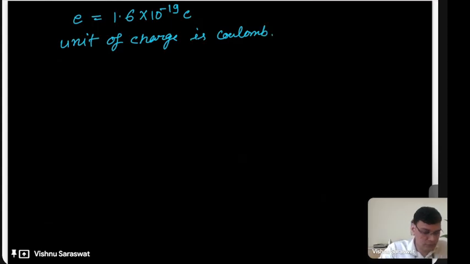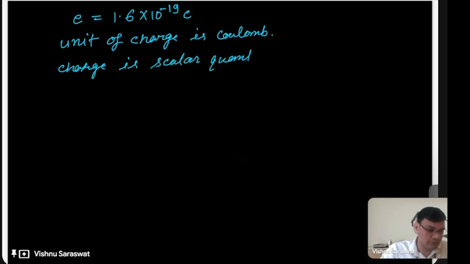Okay. So charge is a scalar quantity. Always keep in mind that charge is a scalar quantity, and it will be positive or negative, because the two types of charge are positive and negative.